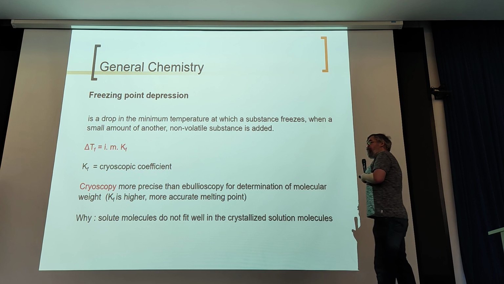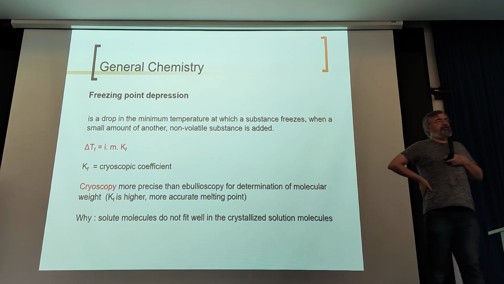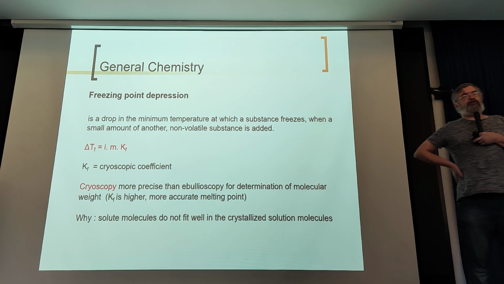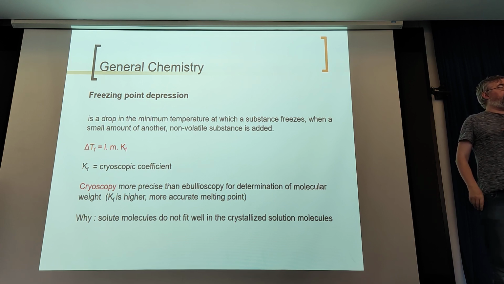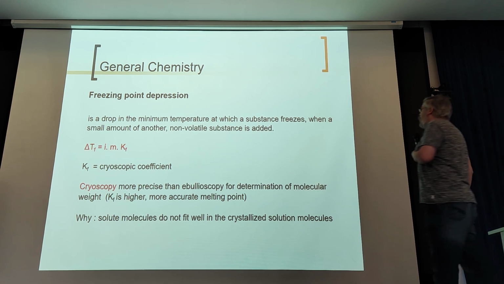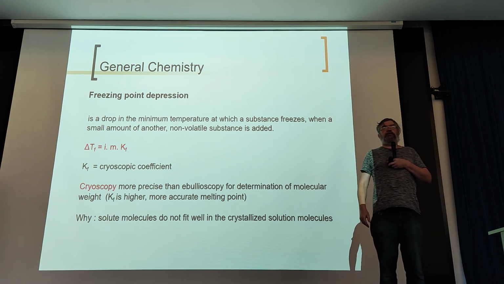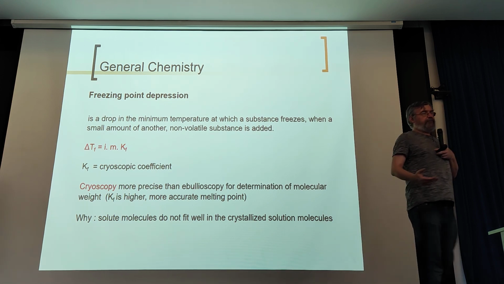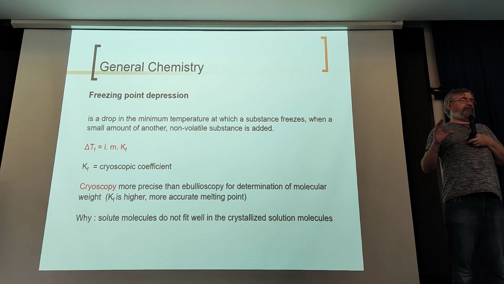A third way of expressing colligative properties is the freezing point depression. So it's the opposite. Actually, the freezing point goes down rather than up. And so normally, for instance, for ice, which is solid water, we know that ice is forming at 0 degrees Celsius.